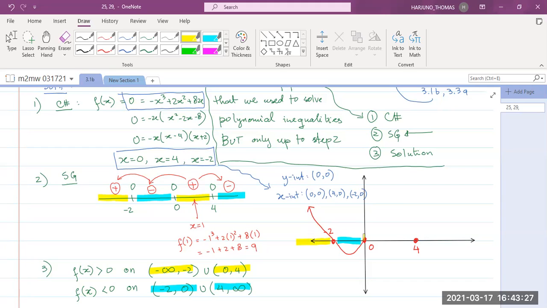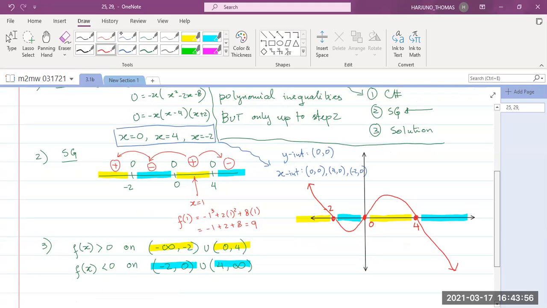From 0 to 4 it is above the x-axis, and from 4 to infinity, that's below the x-axis. Okay, now that's the sketch of the graph.